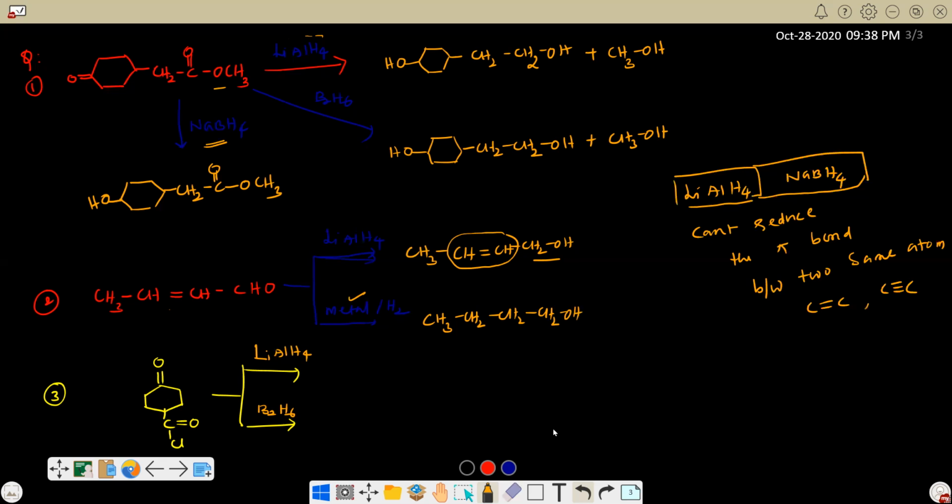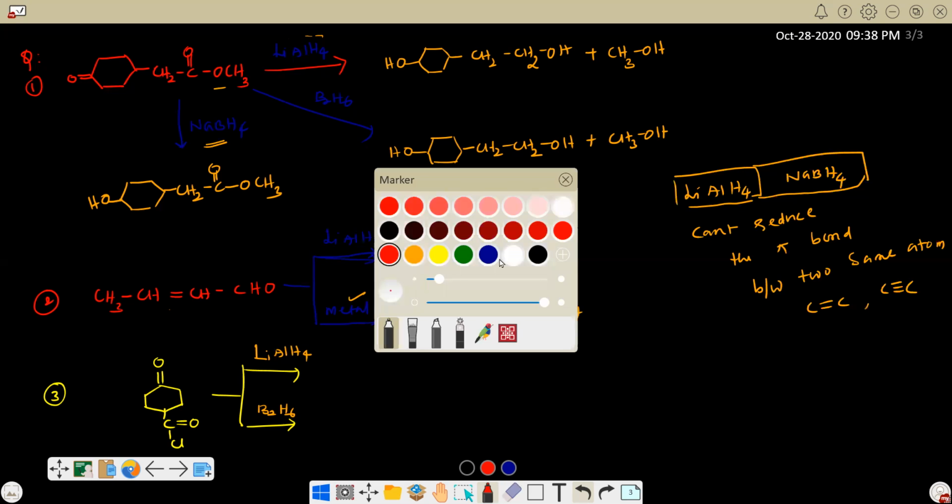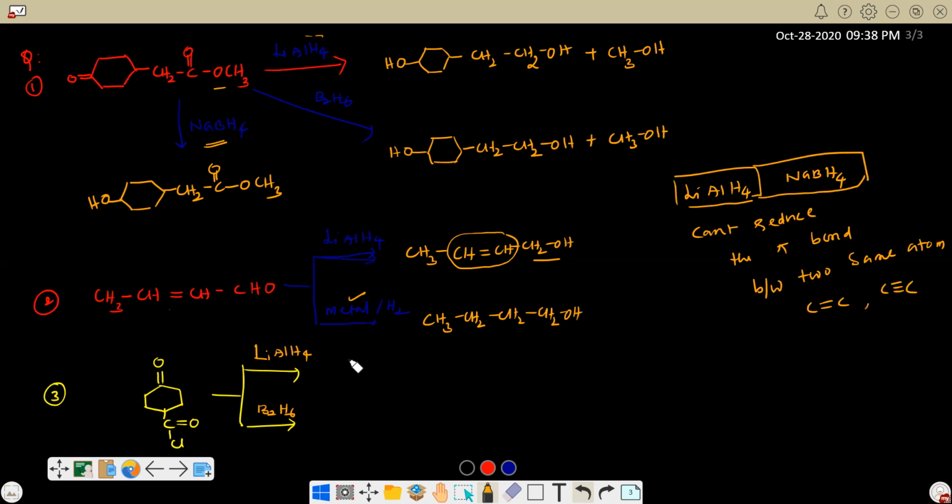I'll tell you, just copy and write the products here. What is the product? The product in this case is OH and CH2OH. But here it is OH, and this remains COCl only, acid chloride.